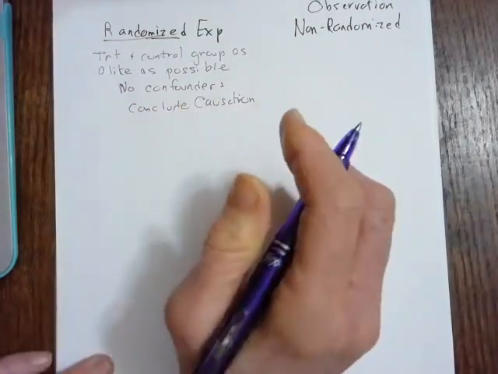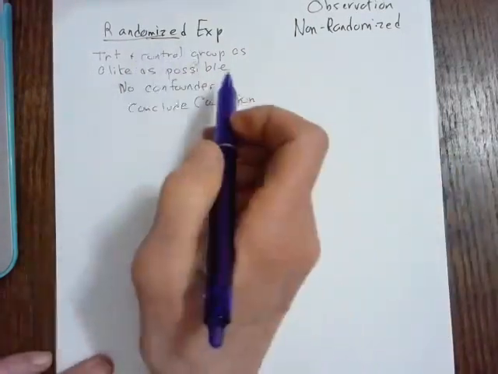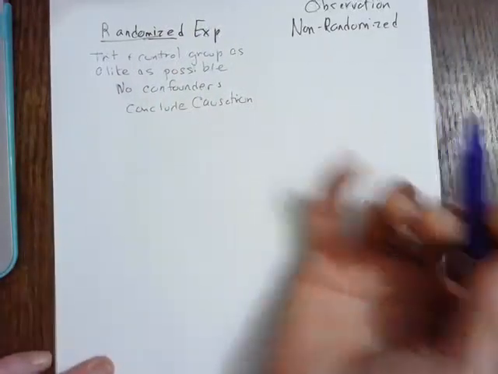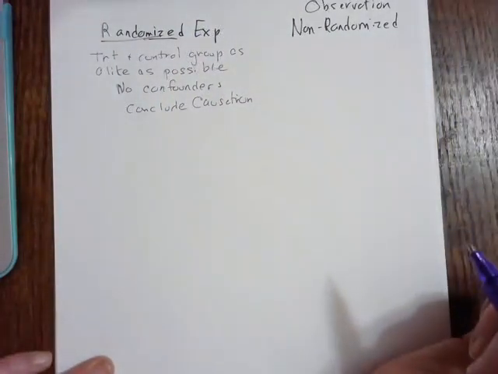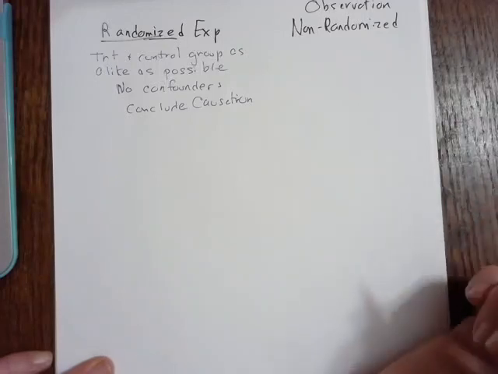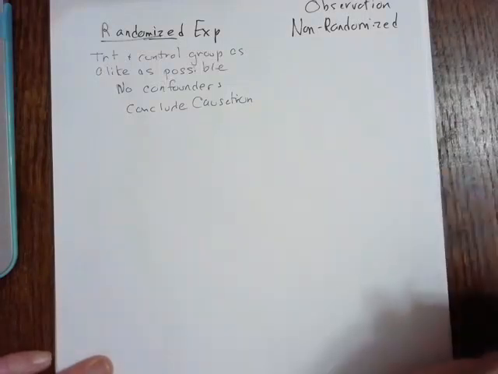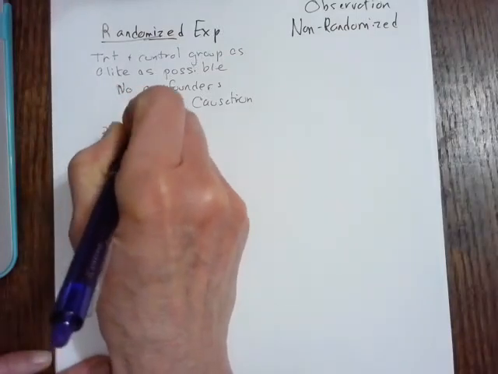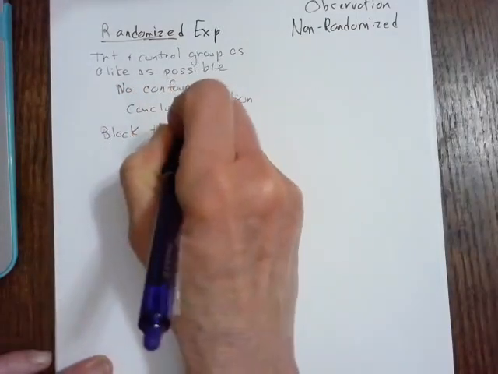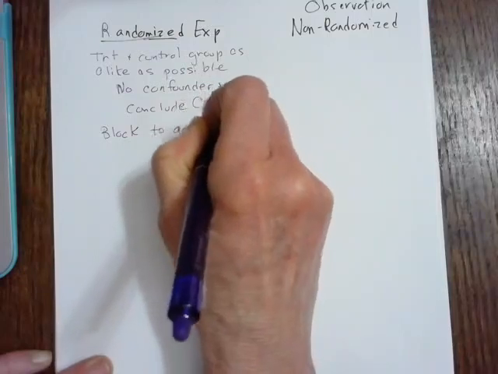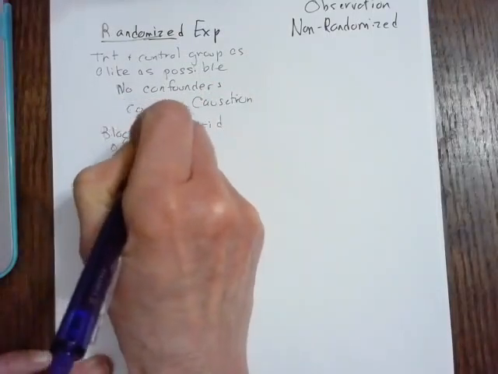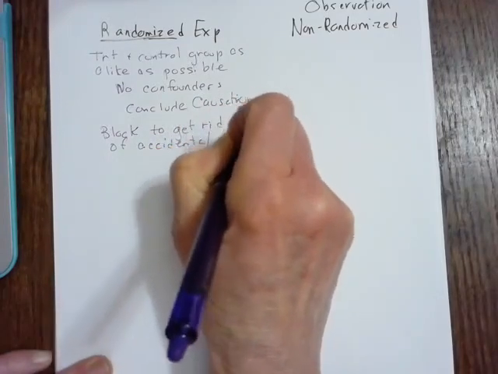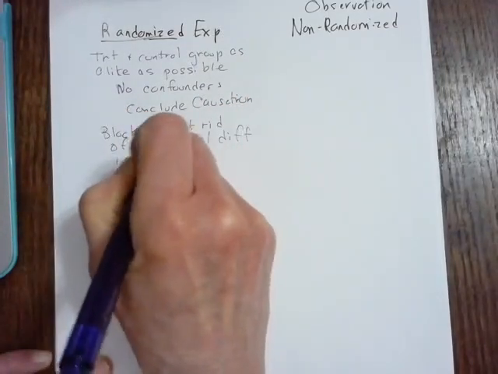So you can conclude causation if you see a difference at the end of the study, because randomization breaks all the systematic differences. Now, if you have a small sample, you might have some accidental differences, so you can block to get rid of accidental differences in small samples.